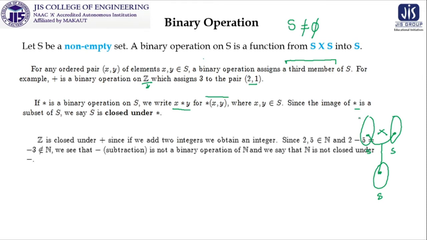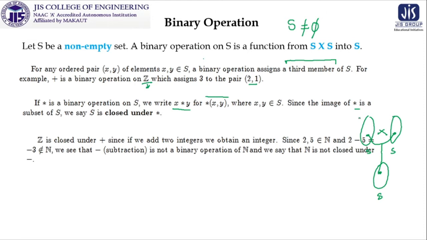Now, if there is something special in this binary operation, then obviously there must be something which is not following it. So we are taking 2 and 5 from the set of natural numbers, and we are taking subtraction. If we make 2 minus 5, we get minus 3. Obviously minus 3 is not in the set of natural numbers.